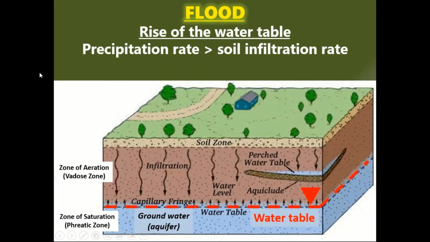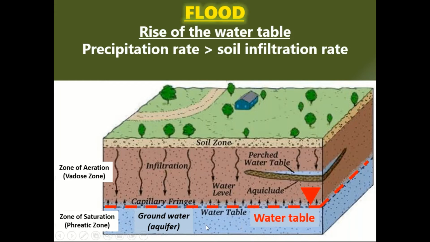Okay, so let's switch gears a little bit here and talk about flooding caused by the rise of the water table. So by definition, the water table, which is shown here in this diagram as a red dashed line, represents the top of the zone of saturation or the phreatic zone.